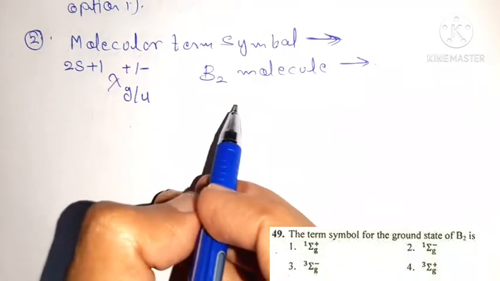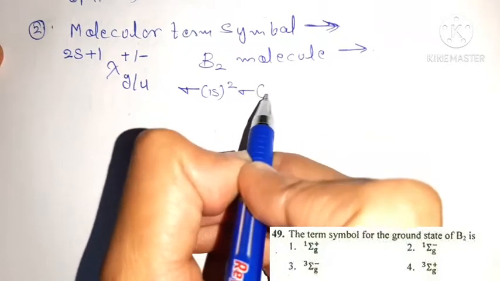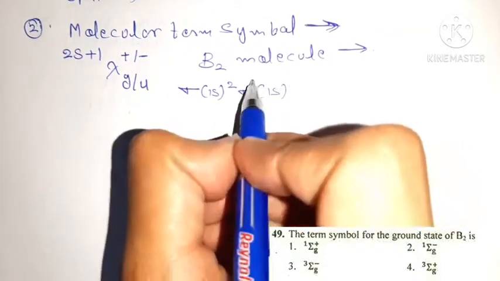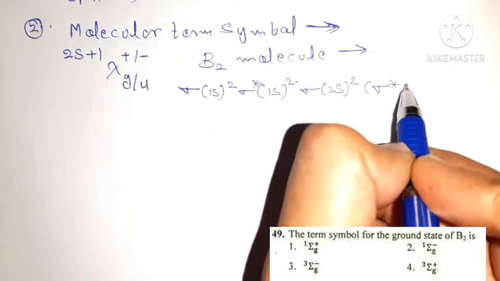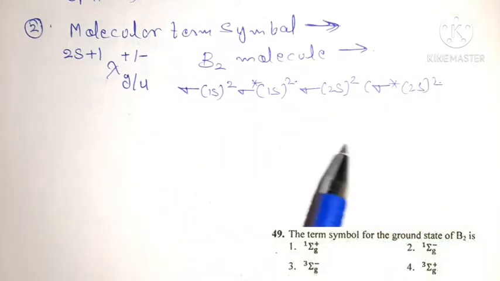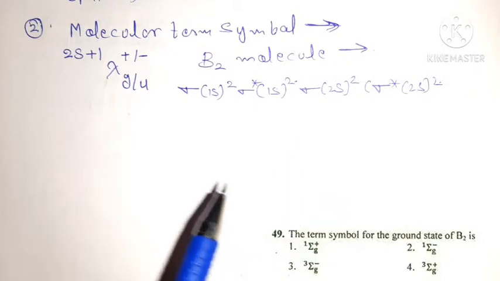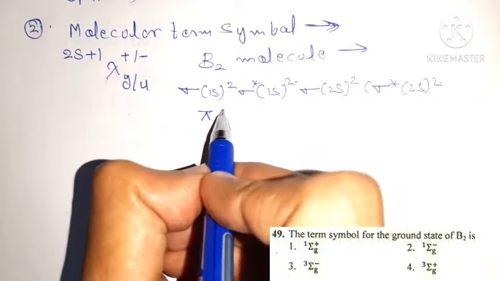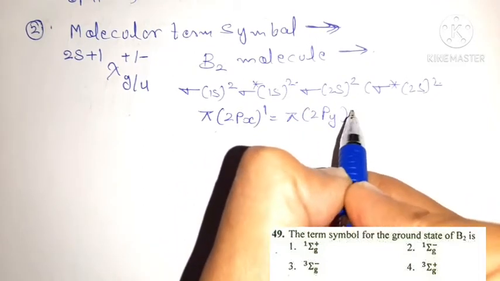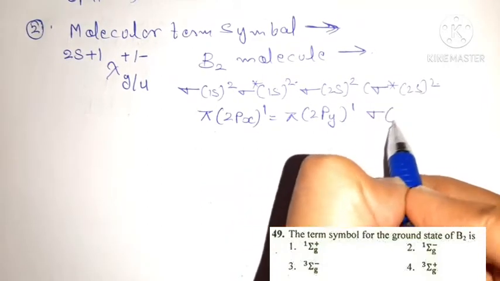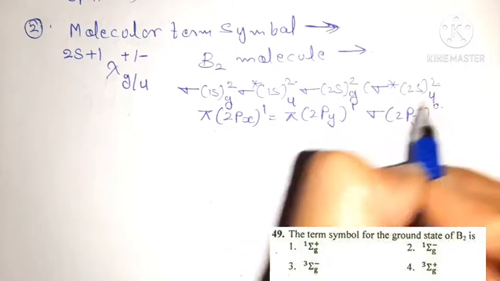We know very well that it is σ1s² σ*1s² σ2s² σ*2s², and then a single electron is present in the p orbitals of both boron atoms, so the next level is π2px¹ = π2py¹ and σ2pz⁰.